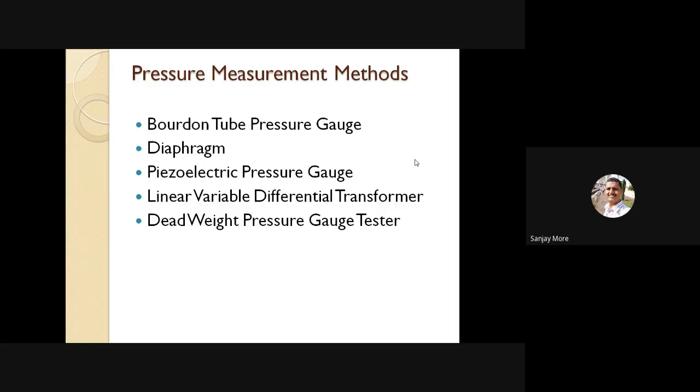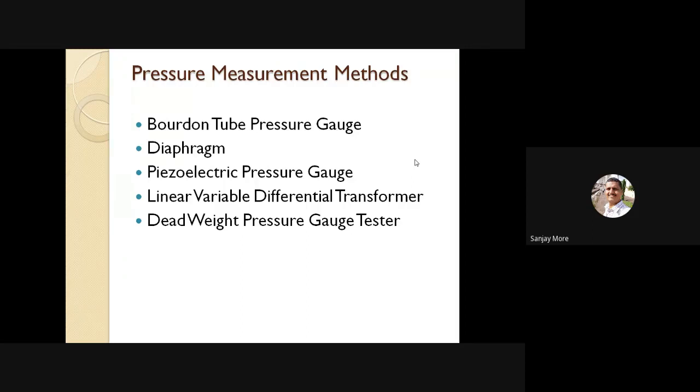First one is a Bourdon tube pressure gauge. Second, diaphragm gauges. Third one is a piezoelectric pressure gauge.